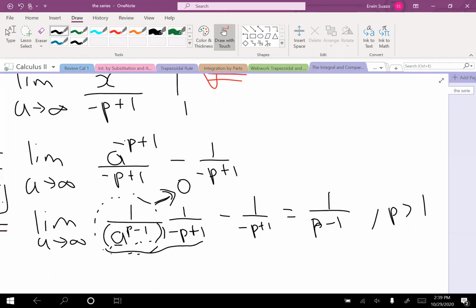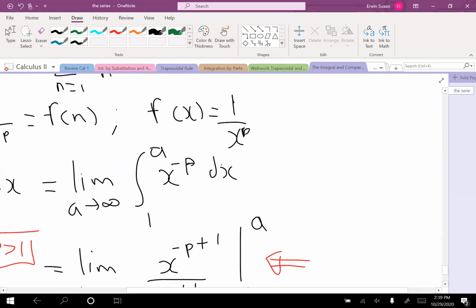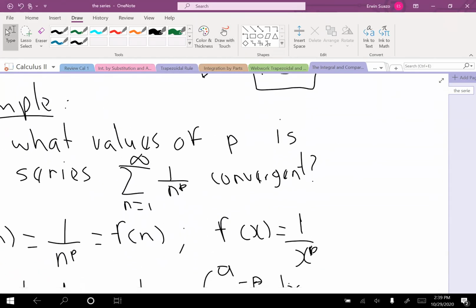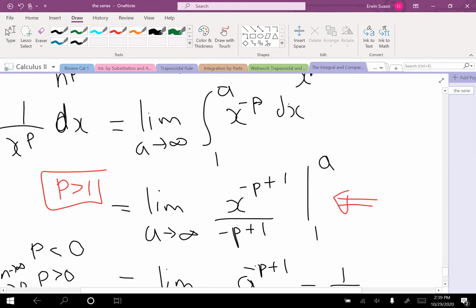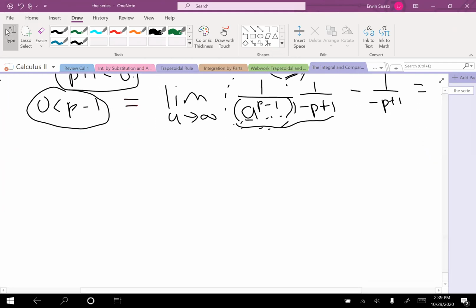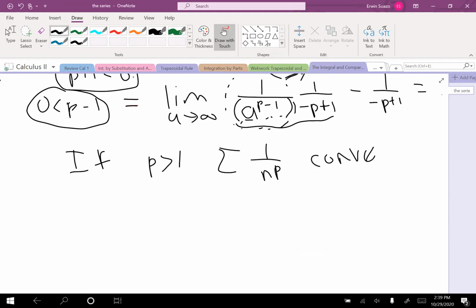This integral converges when p is bigger than 1. So if p is bigger than 1, the sum of 1 over n^p converges.